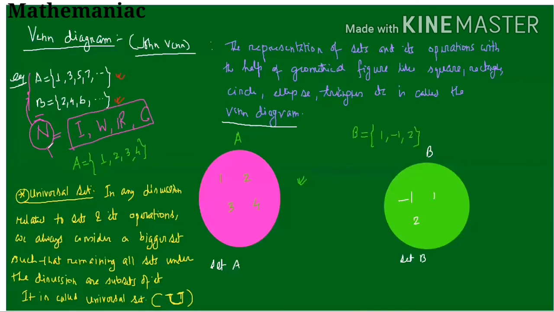But this is the smallest option which we have, which will include both these two sets as its subsets, right? So always under the discussion, you should be able to have a bigger set which will include both, or maybe 3, 4, 10 sets in the discussion, all should be included.